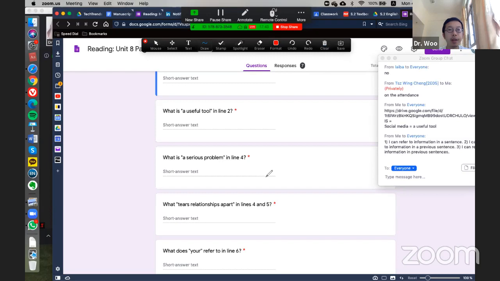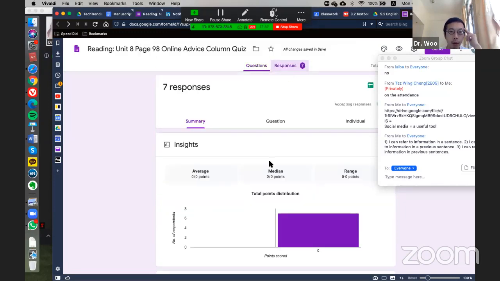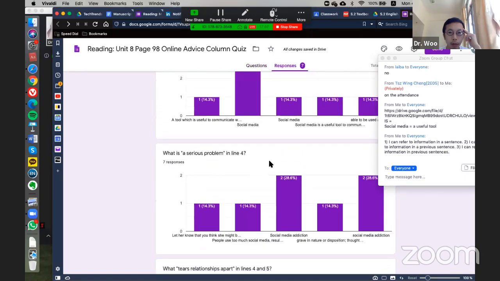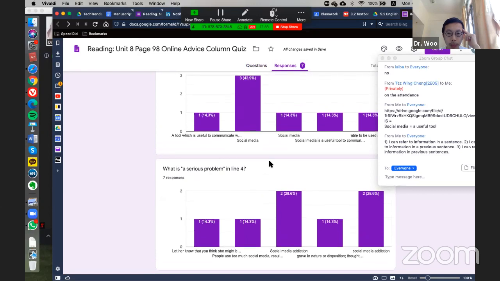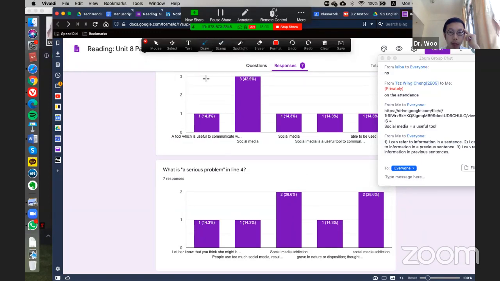What is a serious problem in line 4? And now we're going back to question 4. Ooh, so most people think social media addiction. You see the difference here is just the capital S. What is a serious problem in line 4?